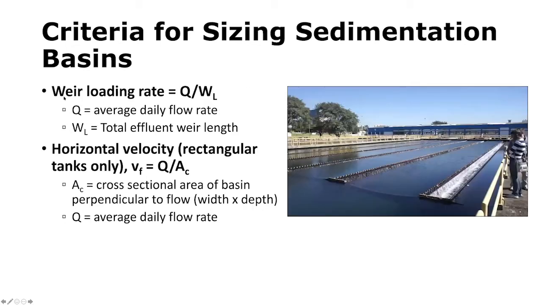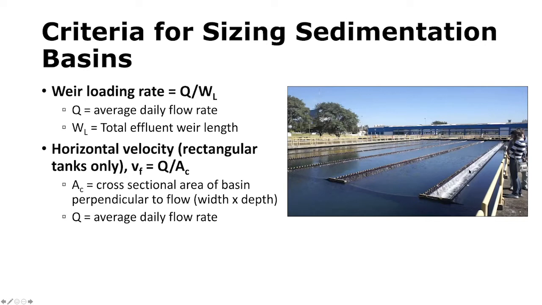The criteria that we use for sizing sedimentation basins is also based on the weir loading rate. So the weirs, as I mentioned in the previous slide, if it's a circular basin, are set up at the outlet, at the outermost part of that basin. If it's a rectangular basin, then they appear at the end of the basin.